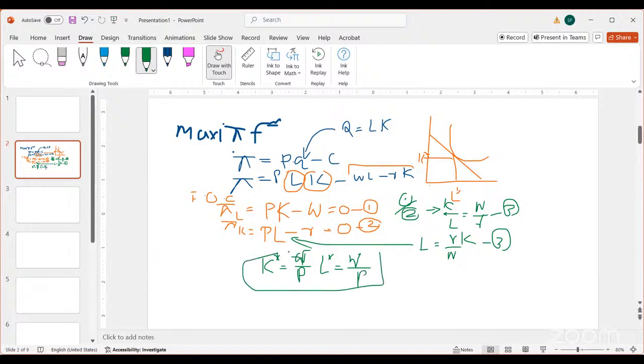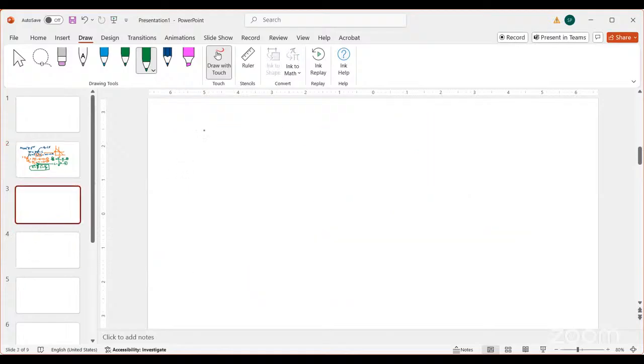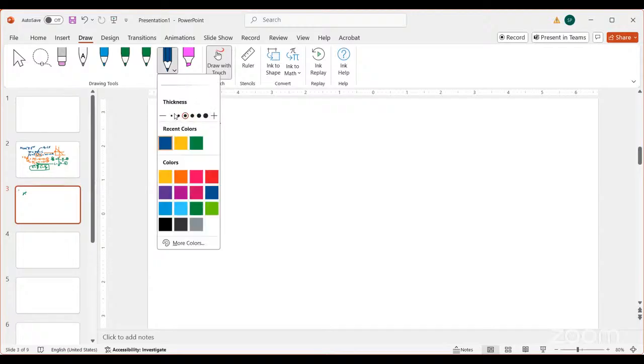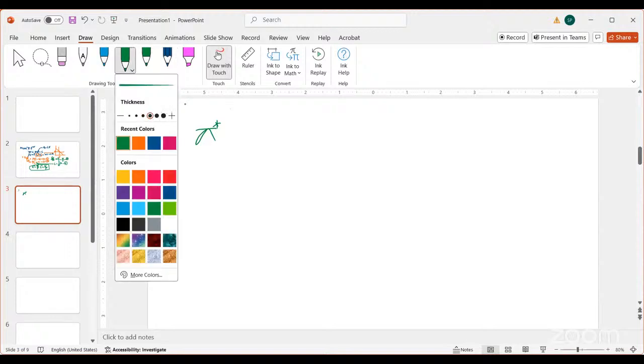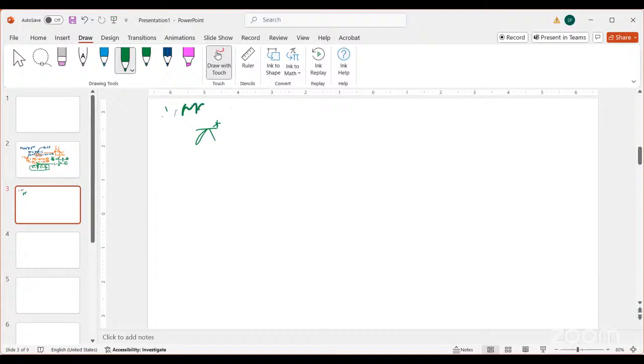So this input demand function, if we plug into the profit function, we can get the maximum value profit function.